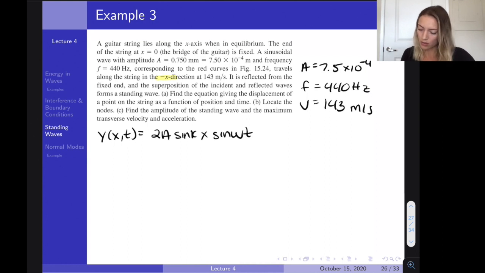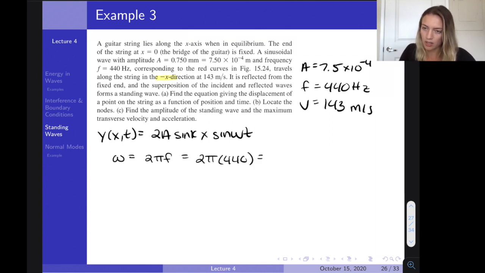Let's find omega first, since we already have the frequency. Omega is 2 pi times the frequency, so that will be 2 pi times 440 hertz, which gives us 2,760 radians per second. That's our angular frequency.